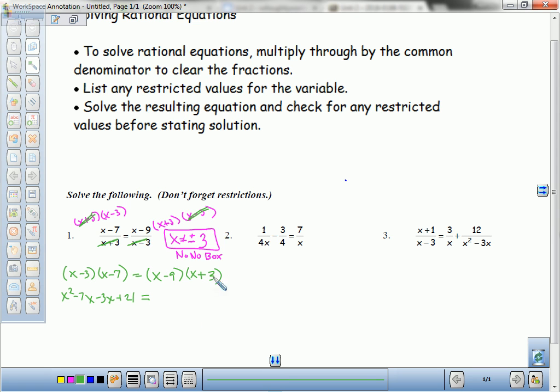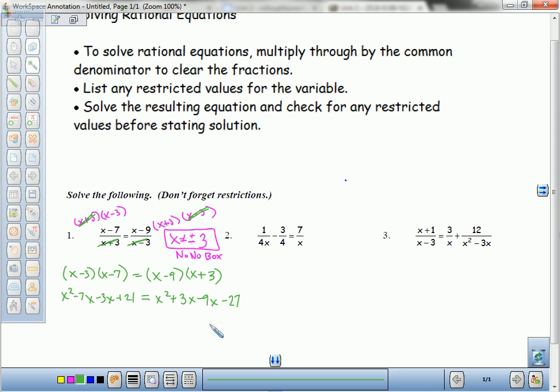And then we distribute on the right side, and we get x squared plus 3x minus 9x minus 27. Now, if I go to solve an equation, I have to get the x's on one side, and it doesn't really matter which side.